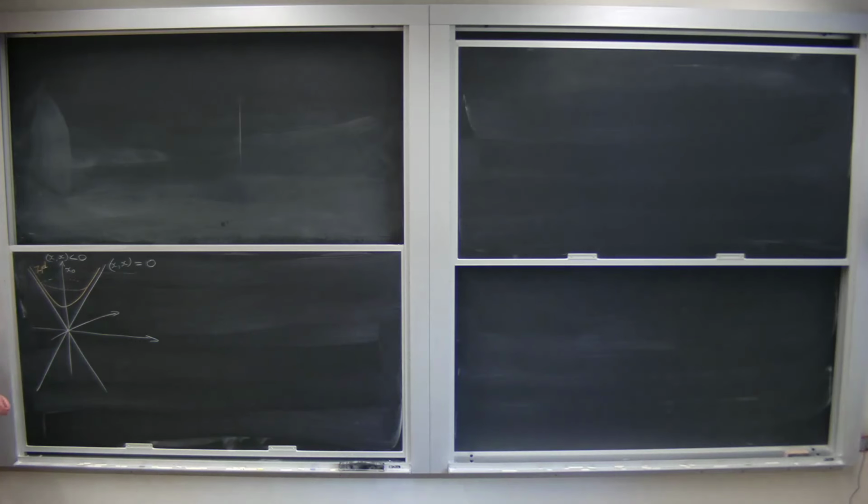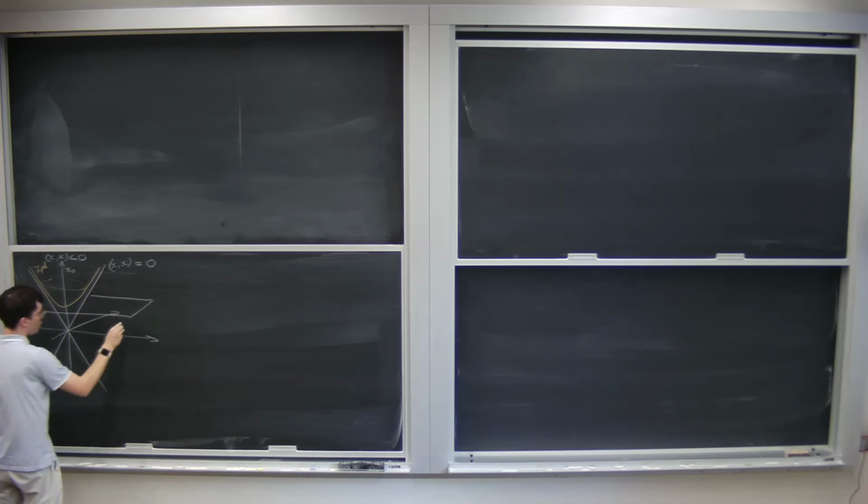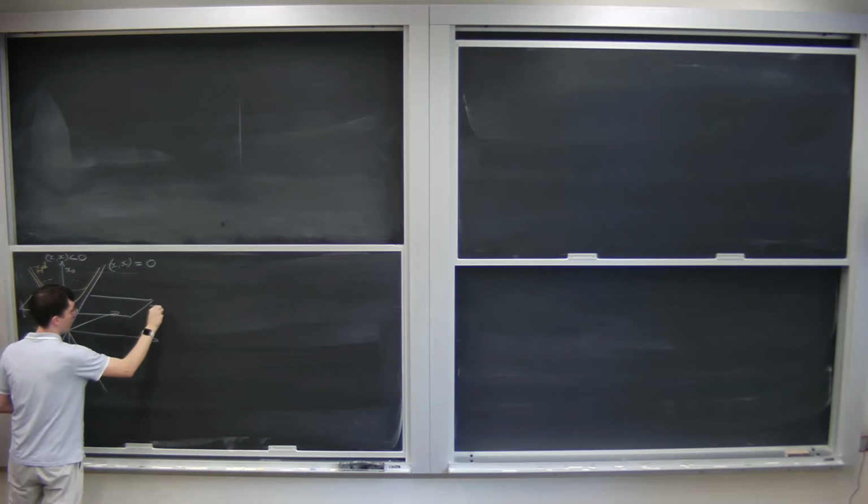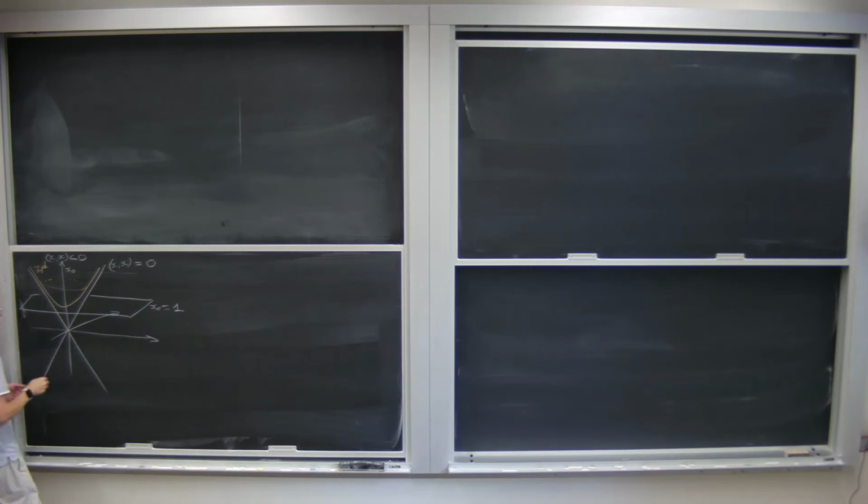And we have a few hyperplanes. We had a hyperplane, which is like in an affine chart, x0 equal to 1. This is actually an important point for us. It touches this hyperboloid at this point.